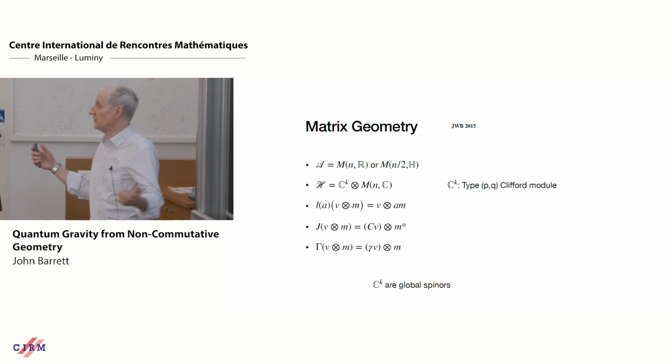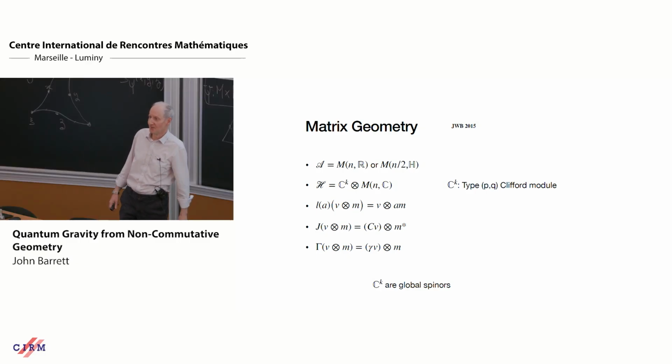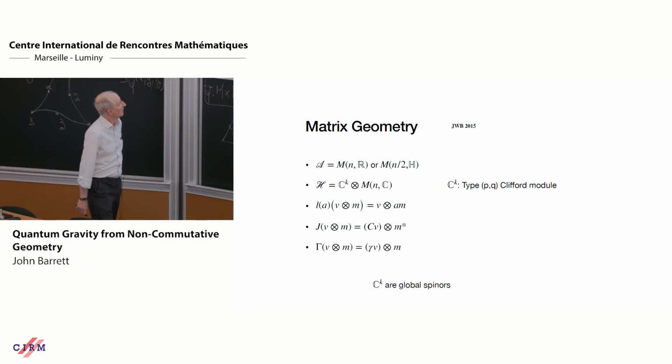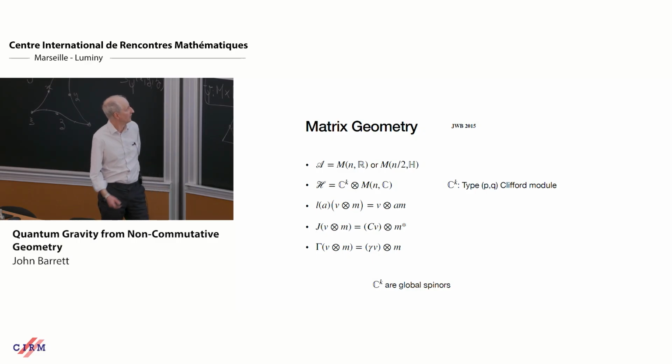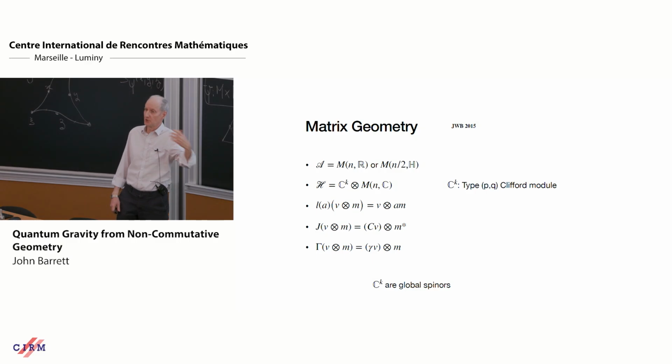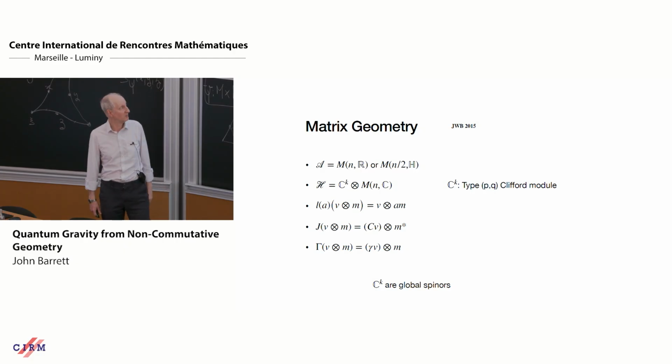And the right action is matrix multiplication on the right, not surprisingly. The real structure is the charge conjugation on the spinor, tensored with the Hermitian conjugation on the matrix. Simple. And the chirality operator is the Clifford module chirality operator, just acting on the spinor part.